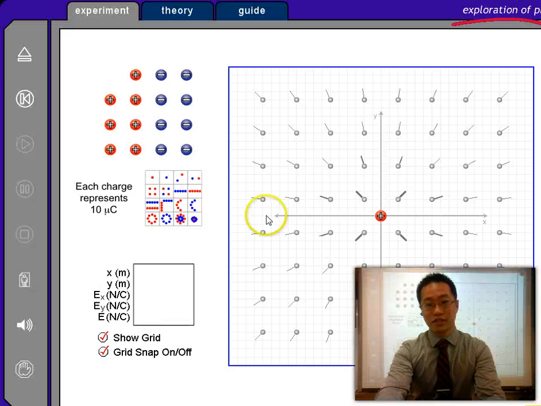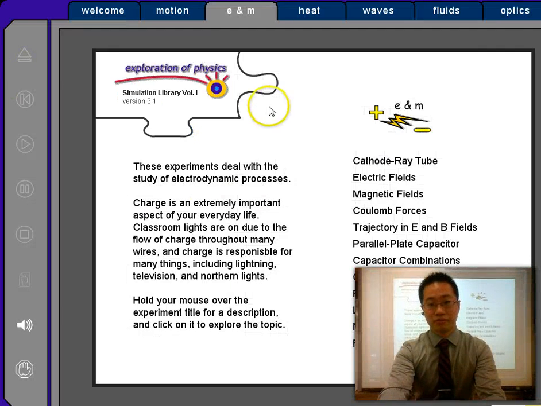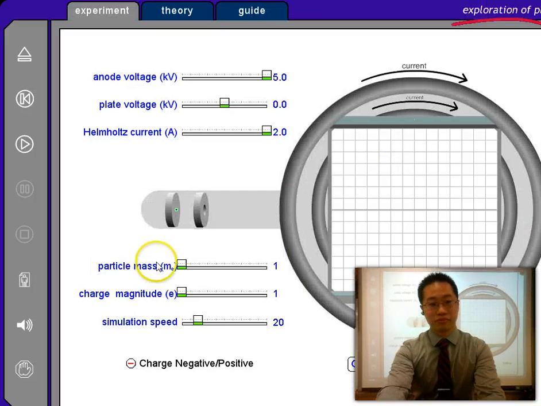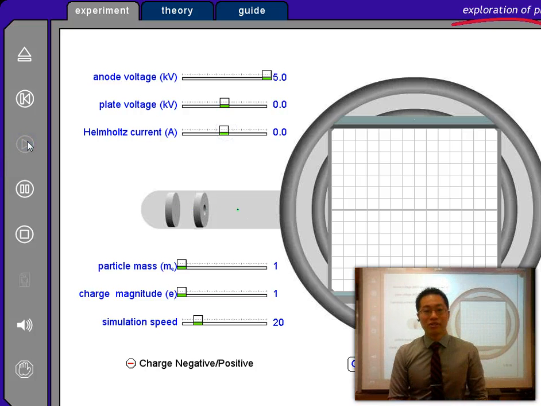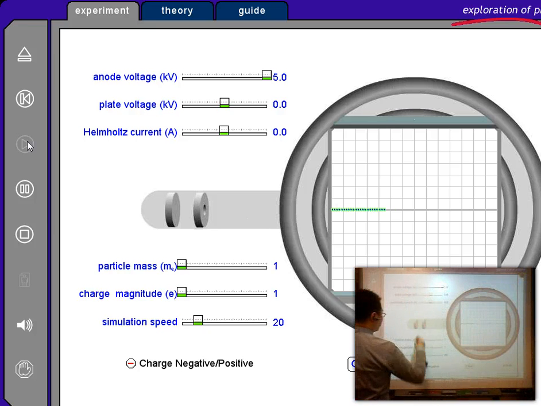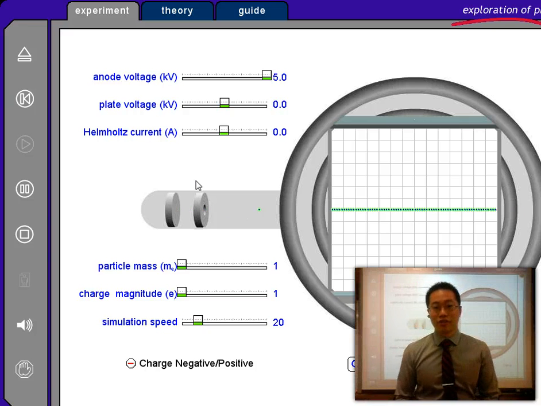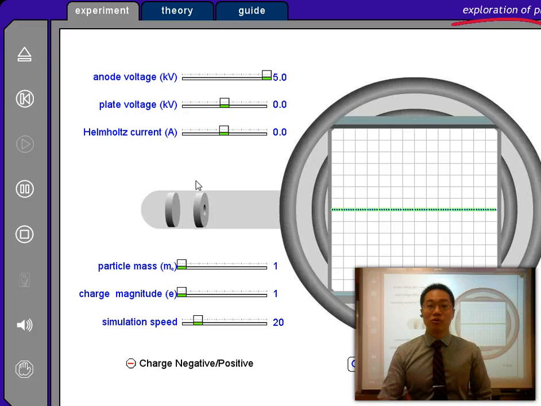We have to look at, let's say, this model over here. So basically, we can see that there's an electron being shot out. We have our parallel plates over here. Here's a negative plate. Here's a positive plate. And the electron is shot, and on the other side would be the TV screen.